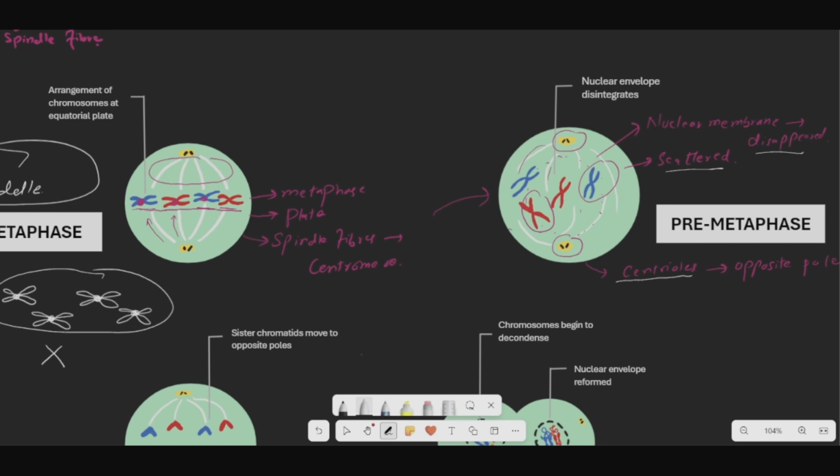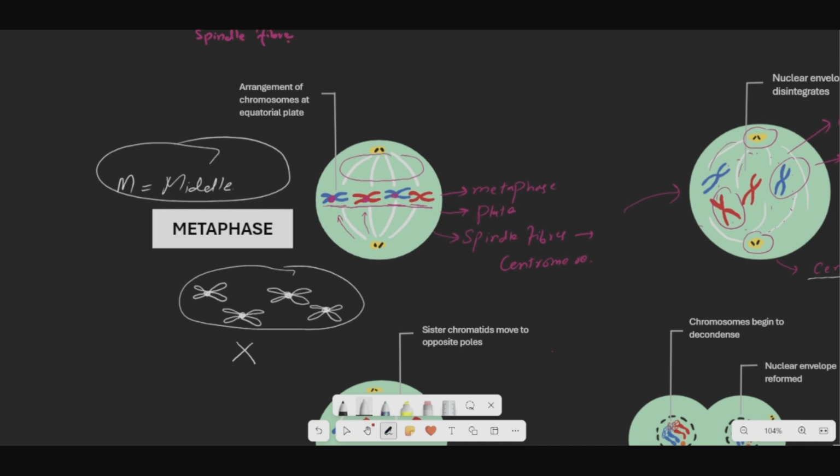Also, the centrioles reach the opposite poles of the cell. What happens in the metaphase stage? Chromosomes get properly arranged in the middle of the cell, thus making a plate which is termed the metaphase plate. Also, the centrioles start making spindle fibers which are going to attach to the centromere of the chromosomes.